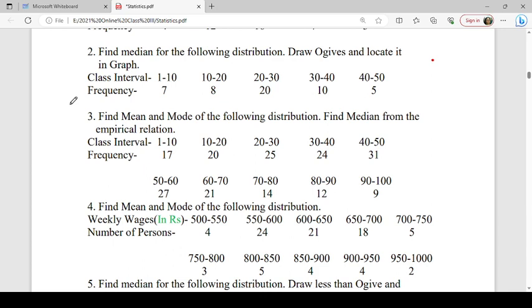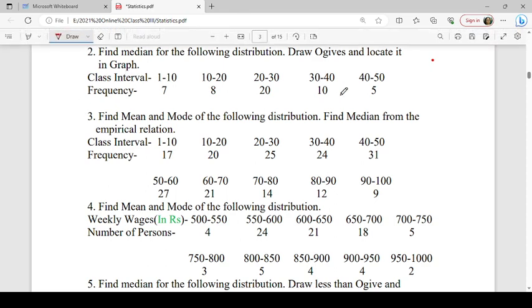One is the more than ogive, and the other is the less than ogive.